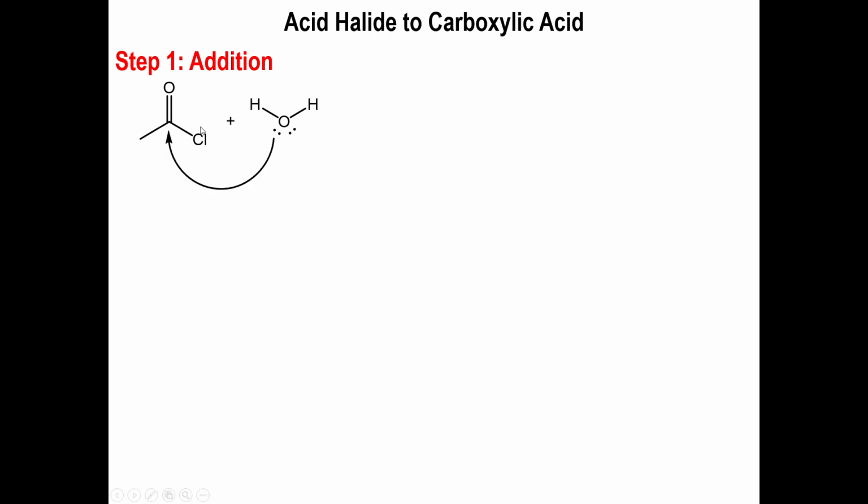It will push away the electrons back to oxygen, and it will create this intermediate right here where you have an oxo anion, and then you have your hydronium cation on one end. So technically still a neutral molecule, but you are producing charges within the same molecule.